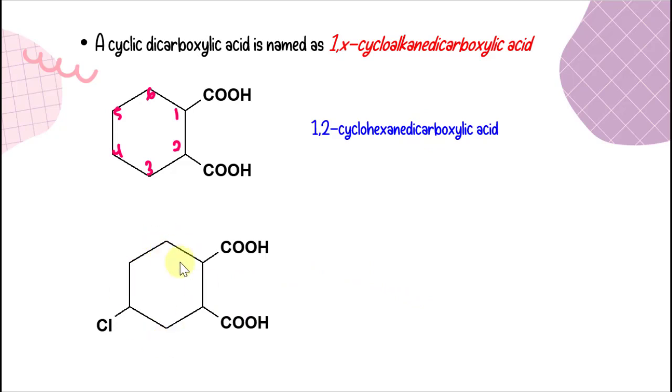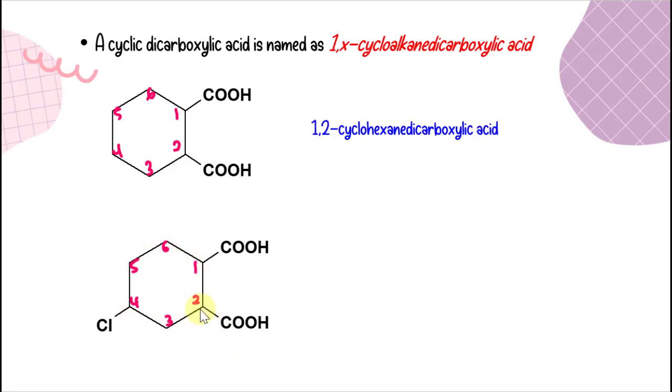While for this structure, we have two carboxyl groups. This one can become our first carbon, and this one also can, but since we have another substituent here, we need to make sure that this chlorine atom is placed on the lowest carbon as well. So the numbering will be 1, 2, 3, 4, 5, and 6.